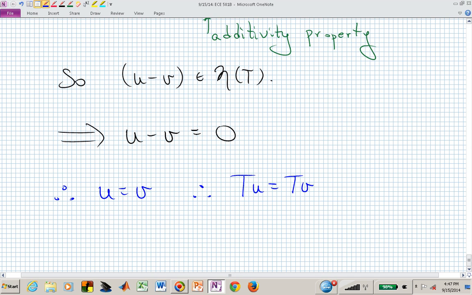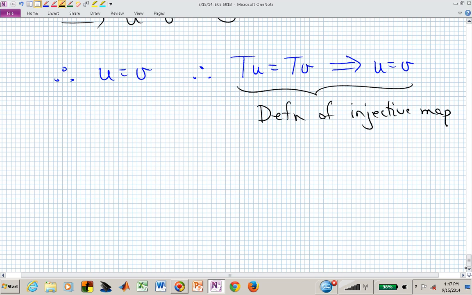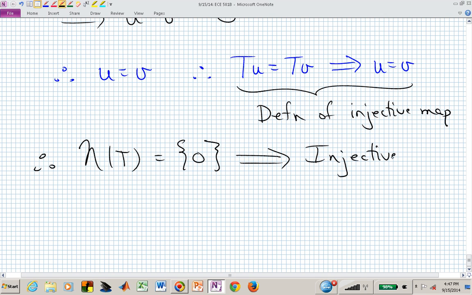Therefore, T of U equal to T(V) implied U is equal to V. That's the definition of an injective map, which now allows us to say that the null space of T, being assumed to be the 0 vector, implies that the map must be injective.